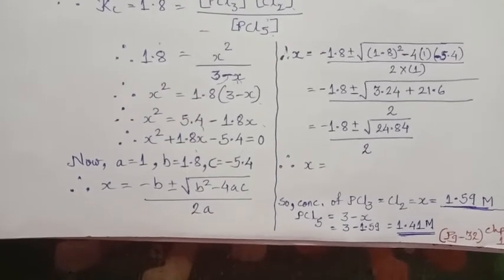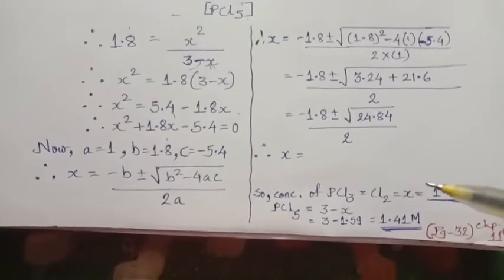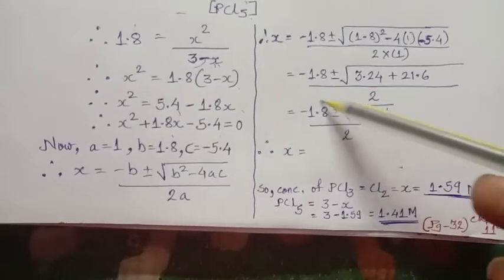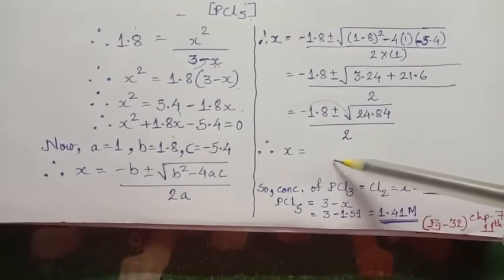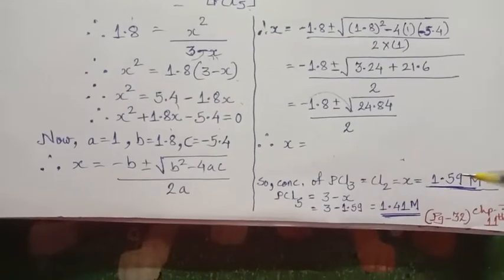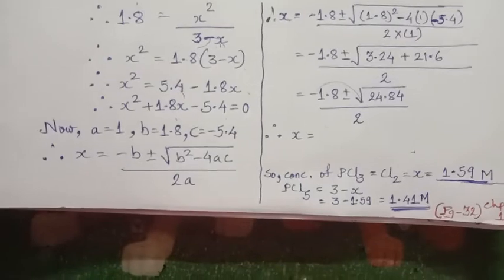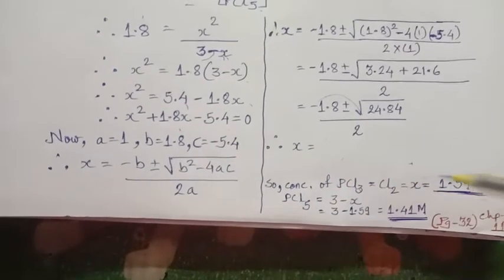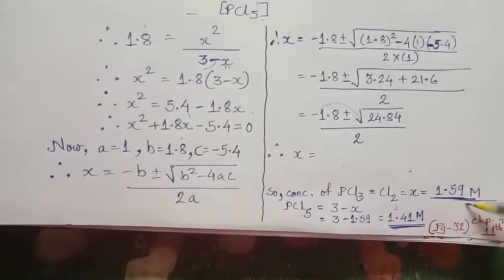And you will get the x value as 1.59 molar. I have left this blank so that you calculate it yourself with the help of your calculator and check whether you get 1.59 or close to it. So PCl3 is x, so it is also 1.59, and Cl2 is also x, so it is also 1.59.